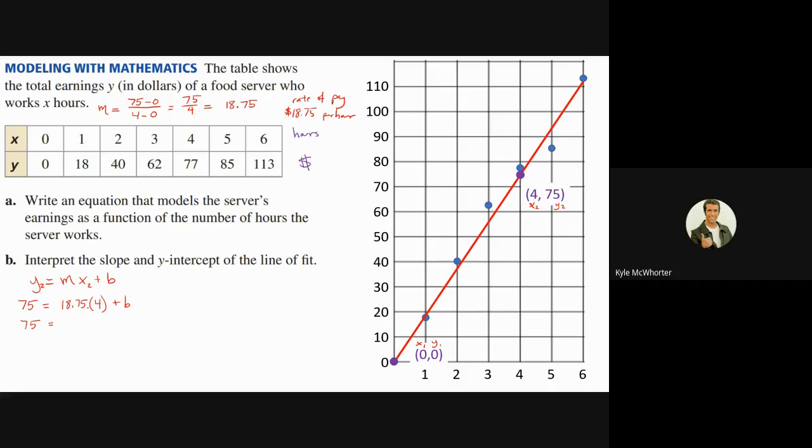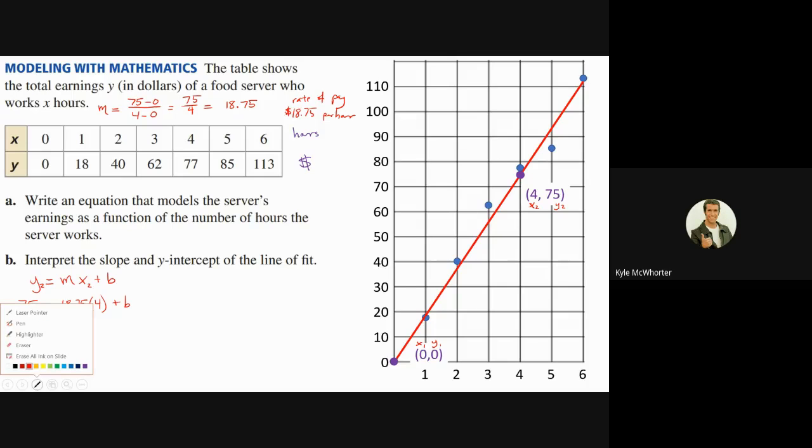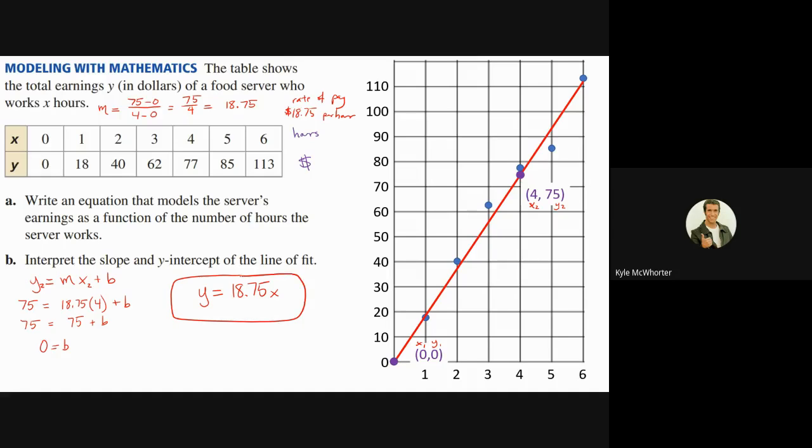So now 18.75 times 4, that's 75. If we subtract 75 from both sides, we get that b equals 0. So the equation of our line of fit is y equals 18.75x.